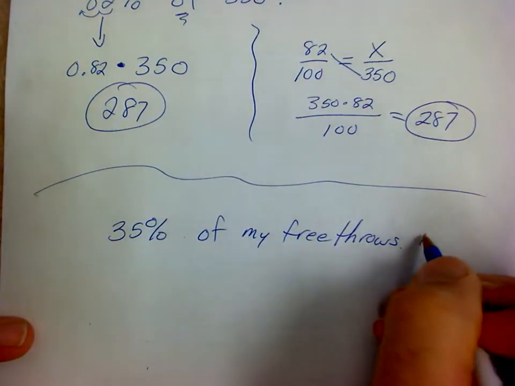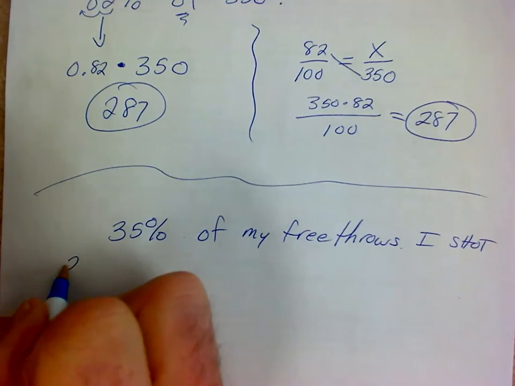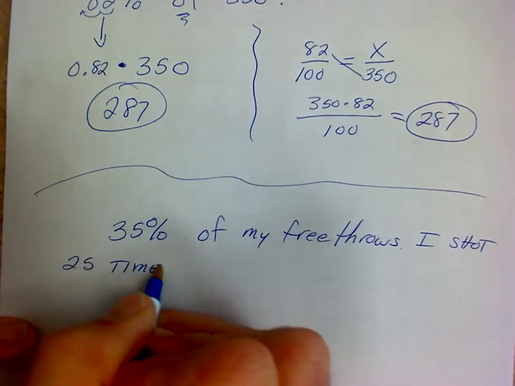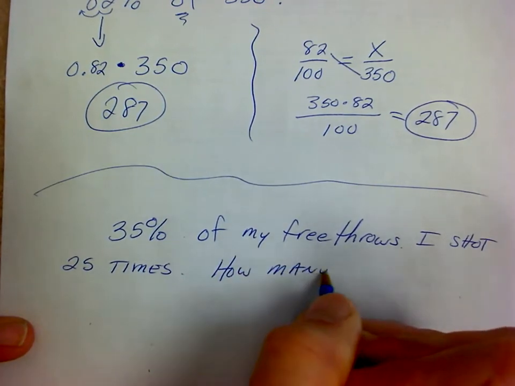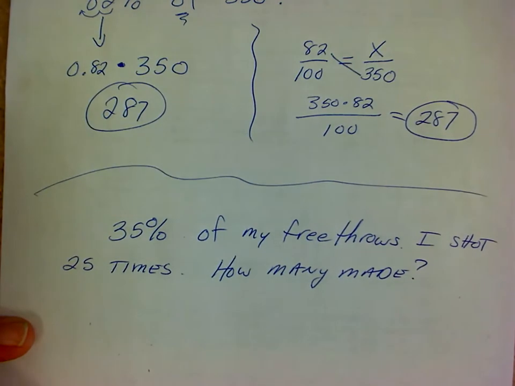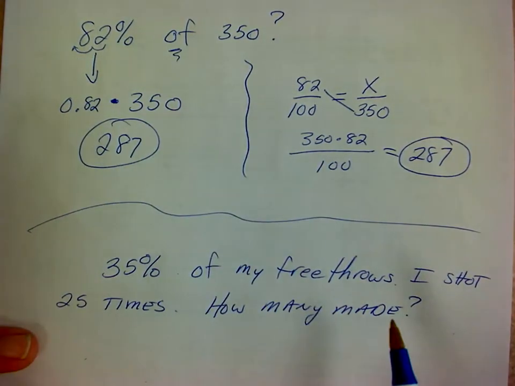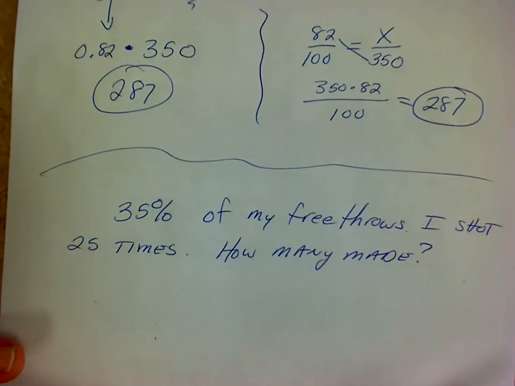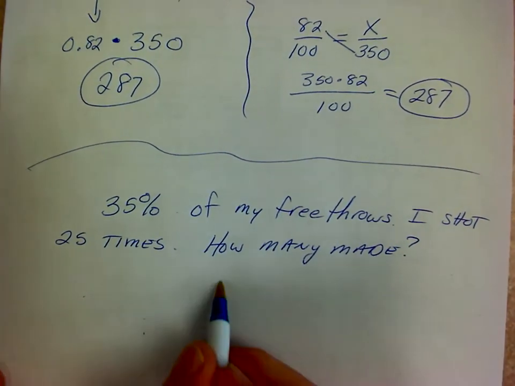I shot 25 times. How many did I make? Again, we may be presenting this in a story problem form. It's no different than this up here. This is just a little simple fragment. Now we've got a whole paragraph. Same concept. Both approaches still work.